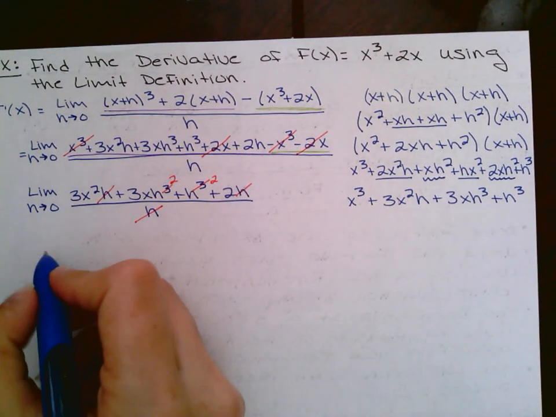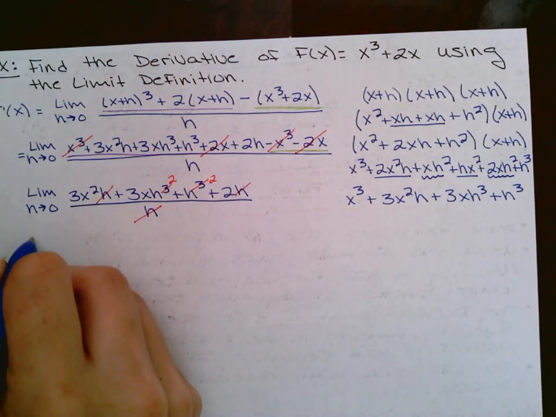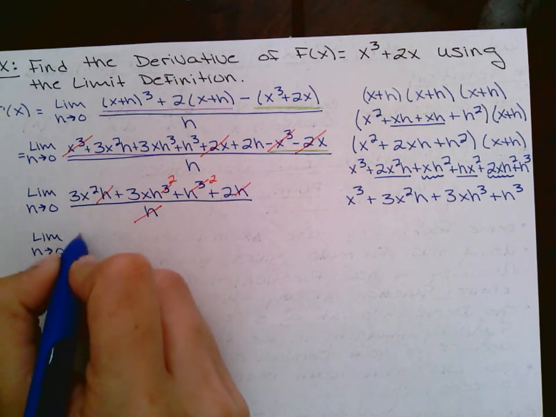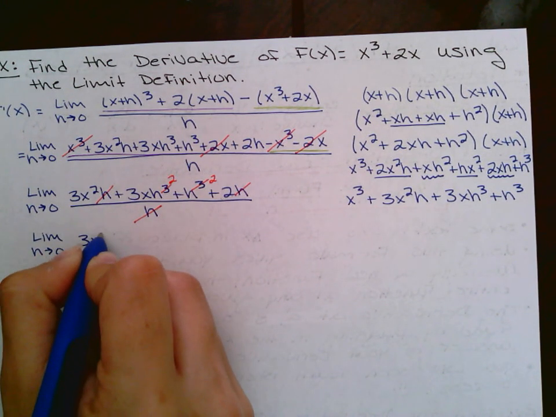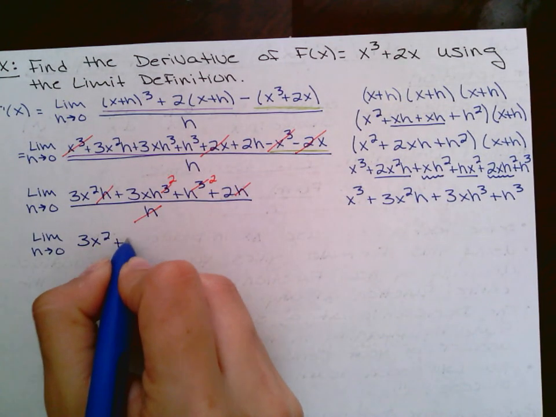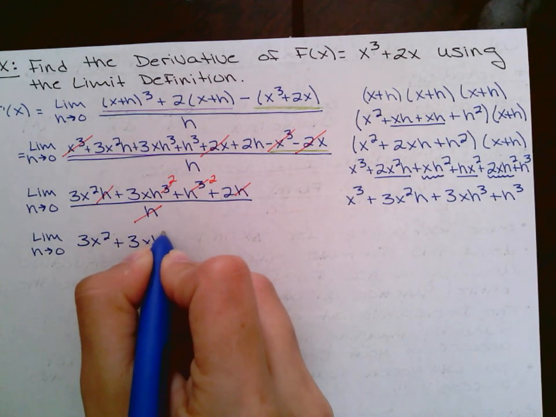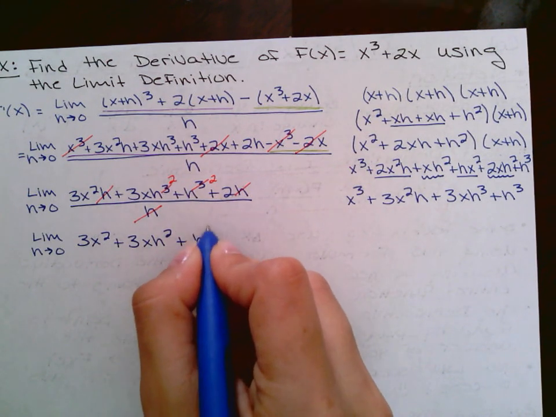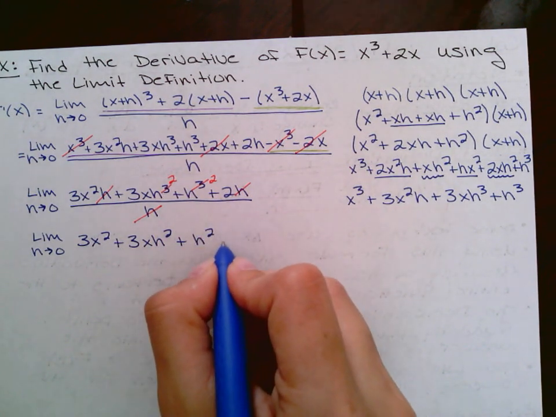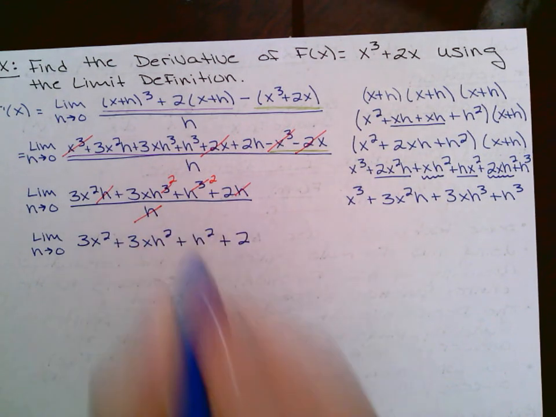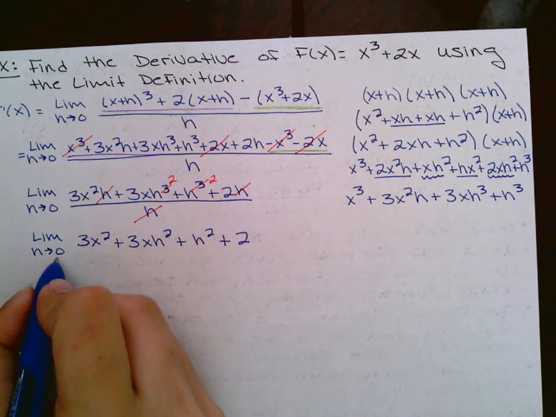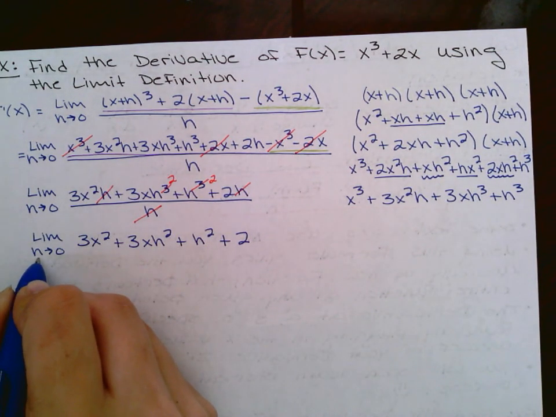So let's rewrite what we're left with. I have a 3x squared plus 3x h squared. I was left with 2 there. Plus h squared. I was left with 2 there. And then plus 2. And I was left with nothing in the denominator. Okay? Very last step is to plug in that limit. That means I am plugging in a 0 everywhere there's an h.